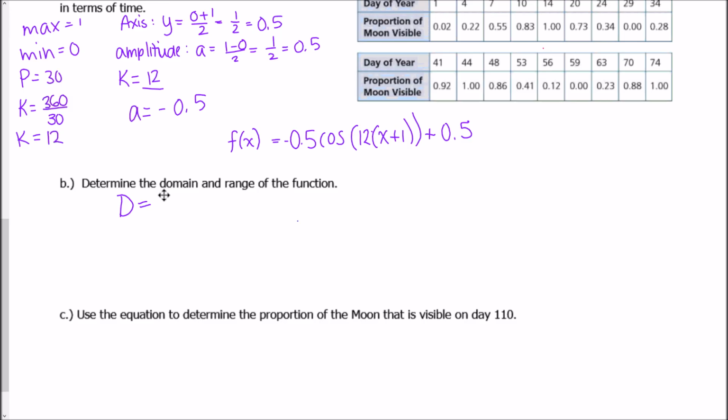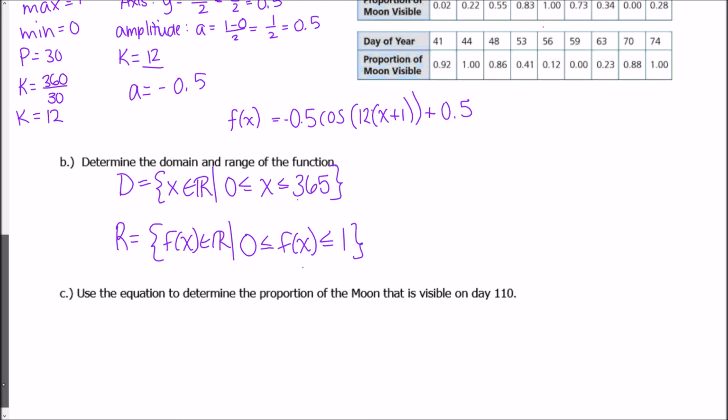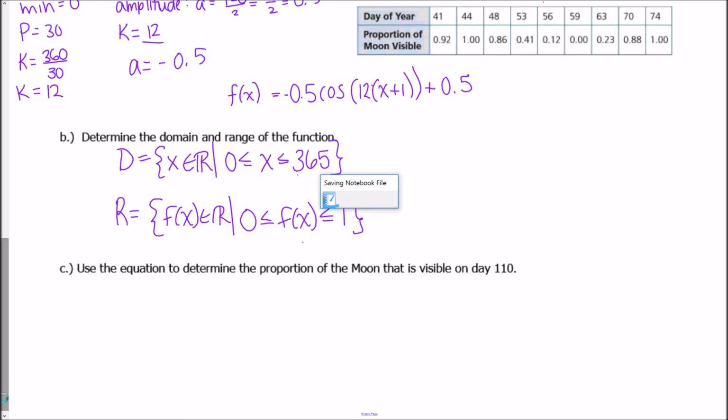Our domain has to be x is an element of the reals such that it's between 0 and 365, and then our range is going to be f of x is an element of the reals, and our range represents the proportion of the moon visible, so it's going to be between 0% and 100%, so it's going to be between 0 and 1.